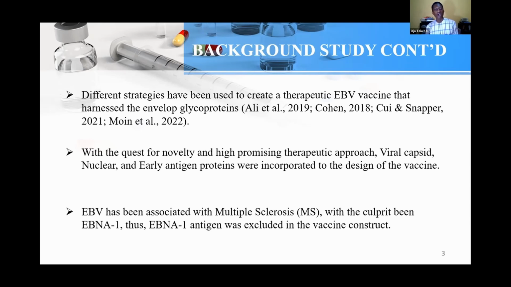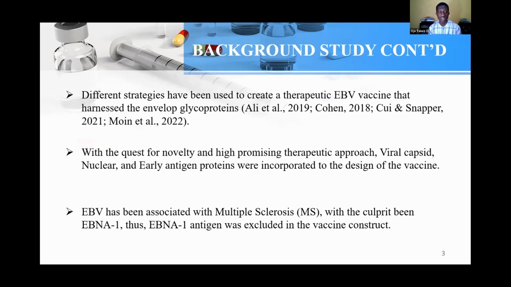Now, one of the findings in our research is that Epstein Barr virus is associated with multiple sclerosis, and one of the antigens presented as a culprit of multiple sclerosis is the Epstein Barr virus nuclear antigen 1. This antigen has an epitope sequence that resembles a residue that covers the myelin sheath of the neurons.